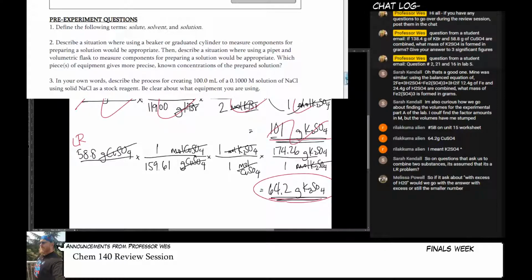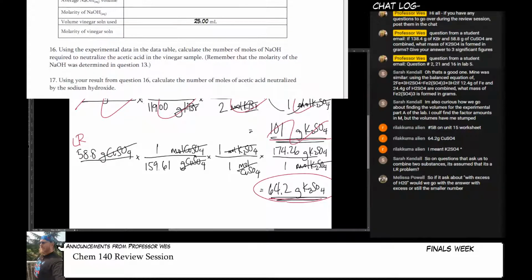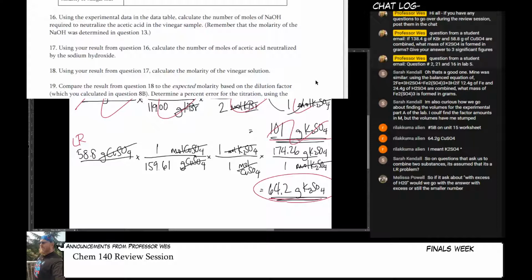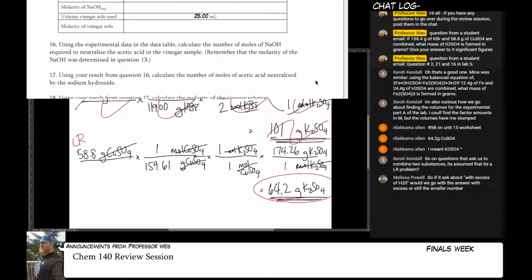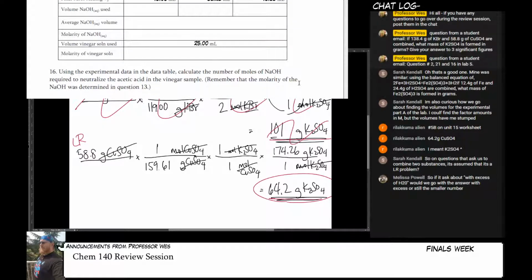21 and 16. So if I scroll all the way down here. So the way that you do number 16, and I can't do number 16 without doing all the questions before it, is to find the number of moles of sodium hydroxide required to neutralize the vinegar sample.